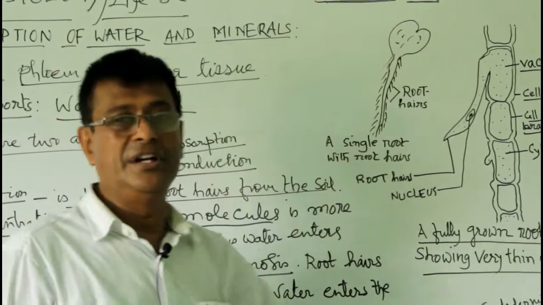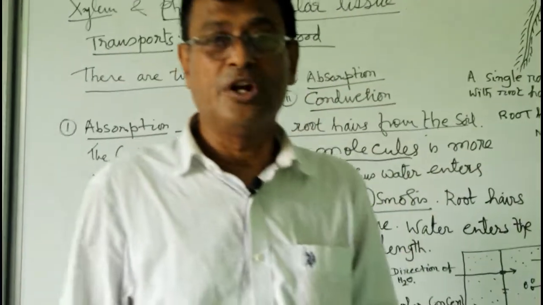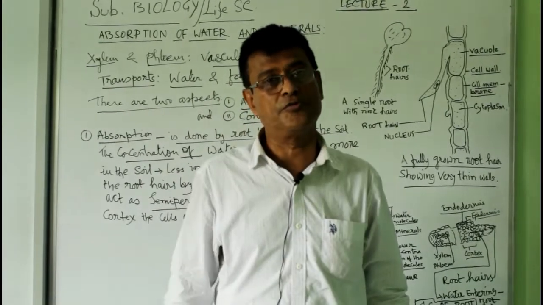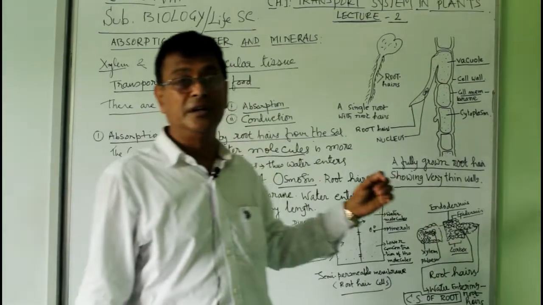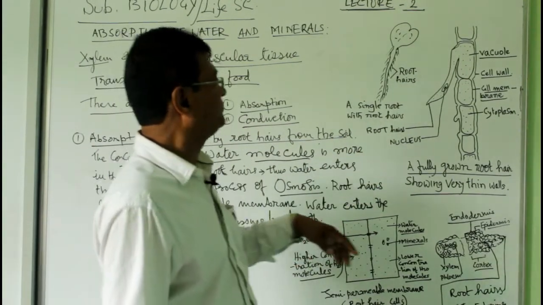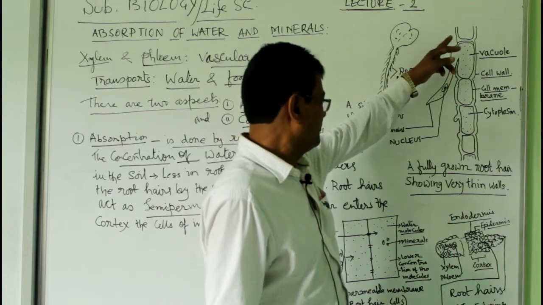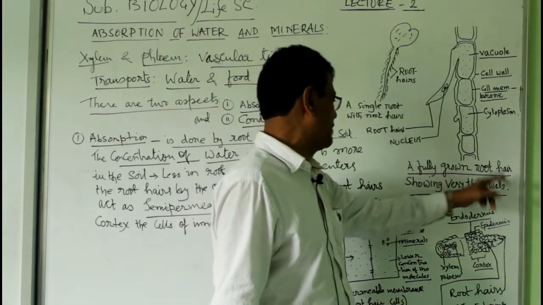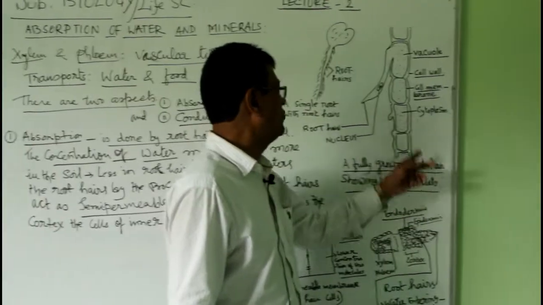hairs. Now my dear children, root hairs are the key factor for the absorption of water along with the minerals. On the other hand, here is another diagram where a fully grown root hair shows very thin walls.